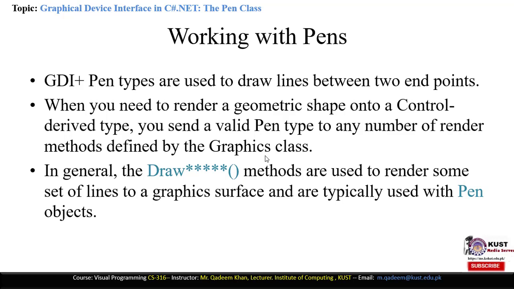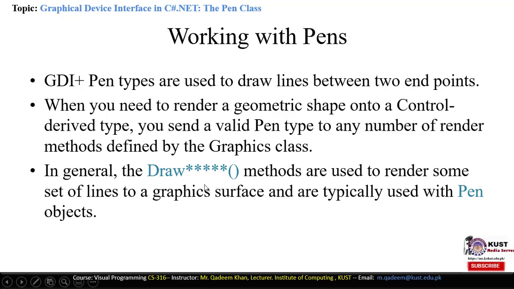So when you need to render geometric shapes onto the control-derived types, you send a valid pen type to any number of render methods that are defined by the Graphics class here. In general, the draw method is used to render any set of lines to the graphics surface, that is the form layer, and you can use it with the Pen objects.